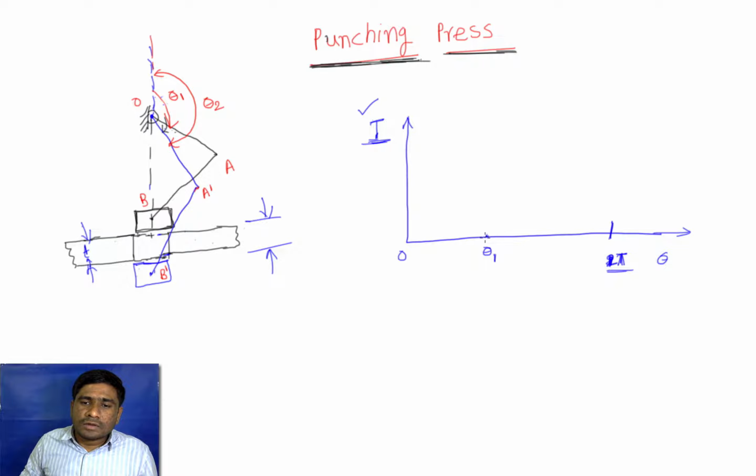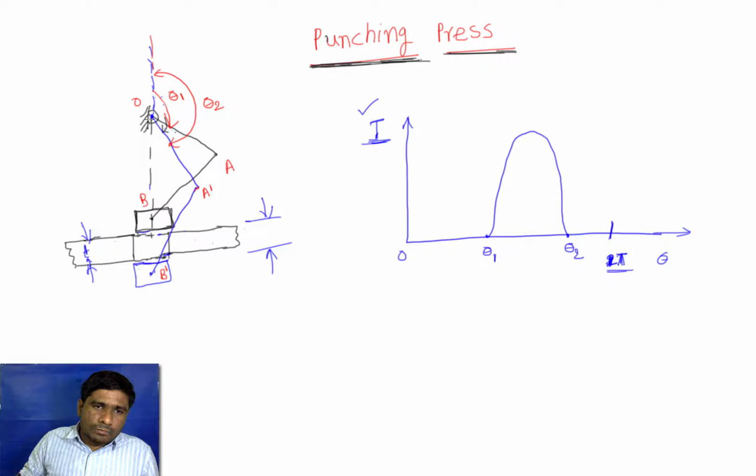So at the angle theta 1, this punch touches the plate and resisting torque is produced here. So suddenly it increases, and then it decreases by the time it makes the hole. So this position is theta 2.